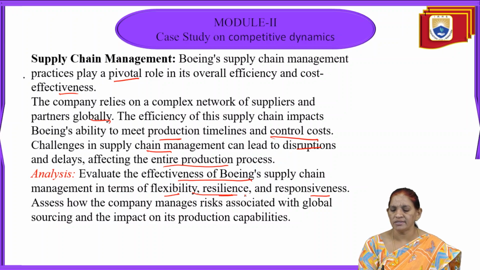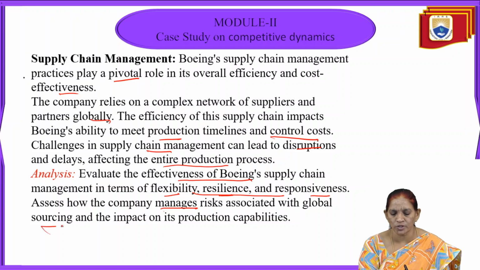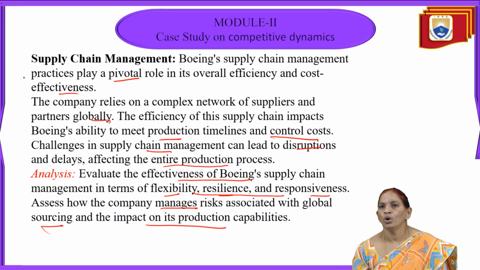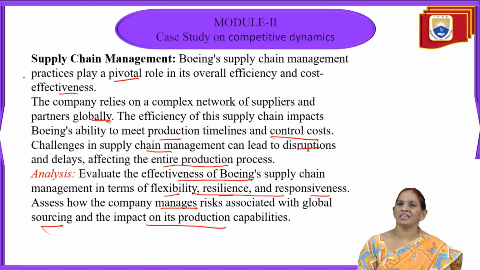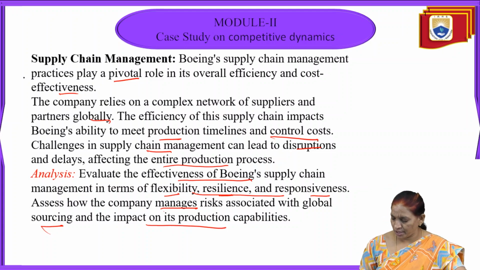By adopting these things, the company may assess and manage the risk associated with global sourcing, which has an impact upon production capability. By taking flexibility and responsiveness into consideration, the organization is able to manage the risk associated with outsourcing, means globally we are outsourcing, and increase production capabilities.